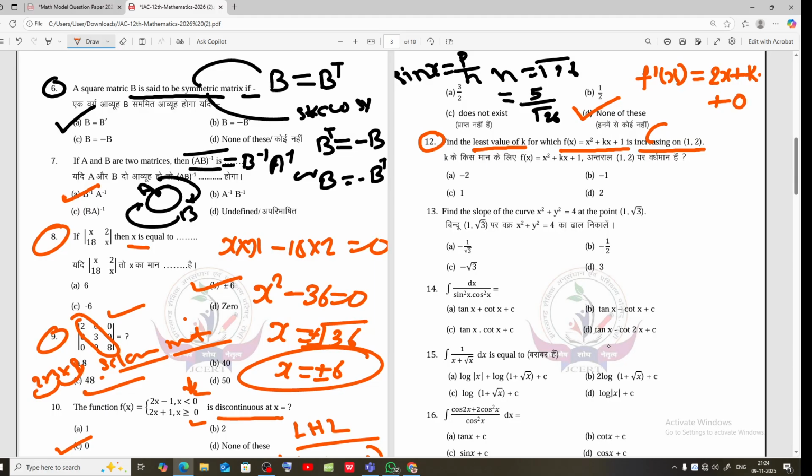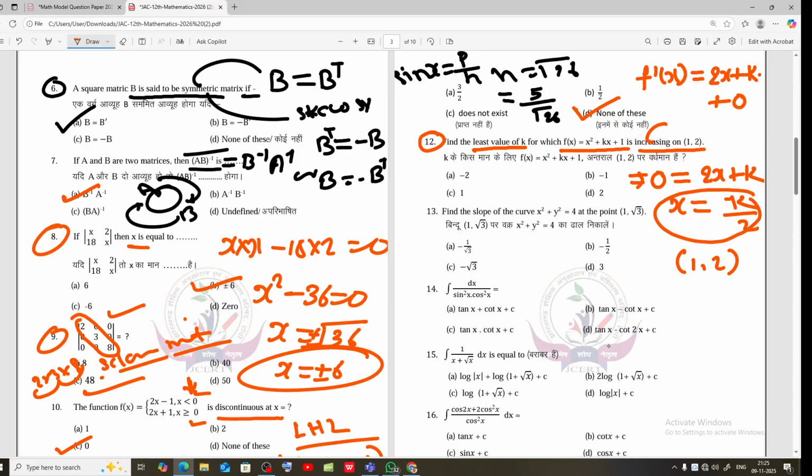For increasing we have to find the critical point, that means we equate the derivative to 0. 2x plus k equal to 0, that means x equal to minus k by 2. Now we check the interval values 1 and 2.